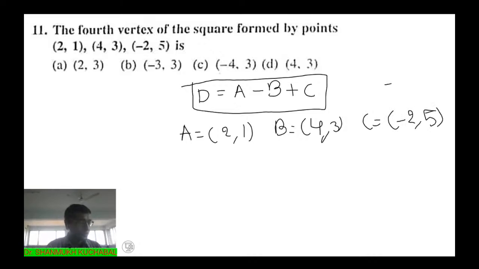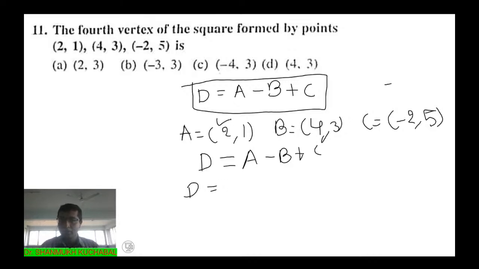Okay, so you have to substitute in the formula D equal to A minus B plus C. So D equal to, first we will take the x coordinate: 2 minus 4 and minus 2, like this. And next we will take the y coordinate: 1 minus 3 plus 5.